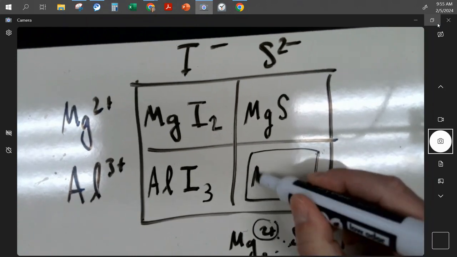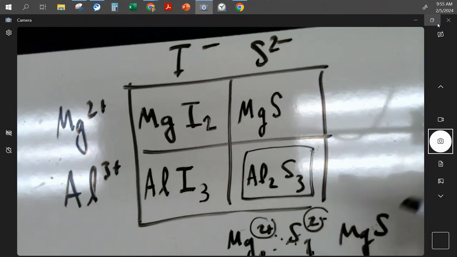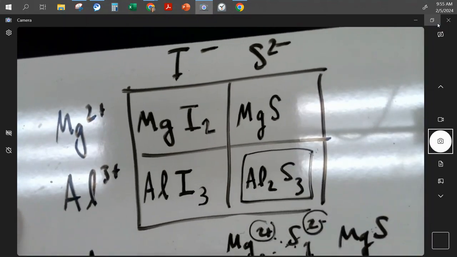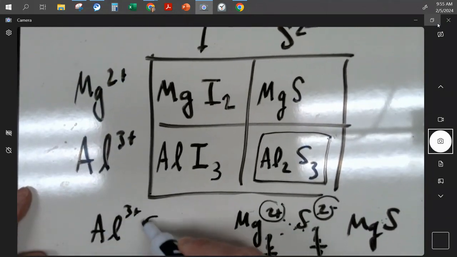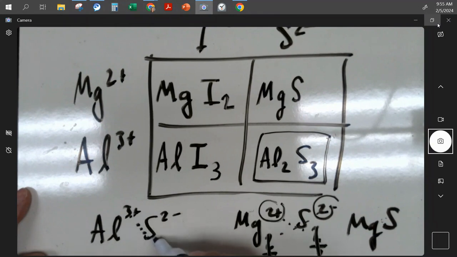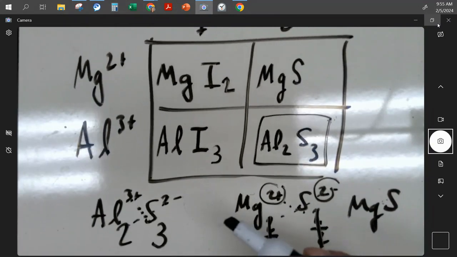Al2 and then S3. Good. I can either write it out to show my work, if that's helpful: Al3+ and S2-. I'm going to put the 3 down here and then the 2 here. Make sure that it's simplified.